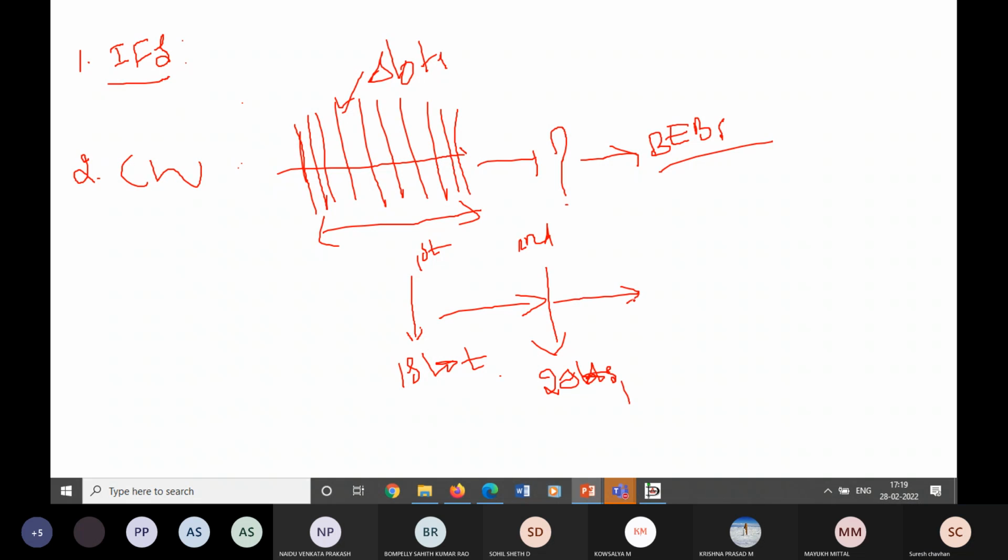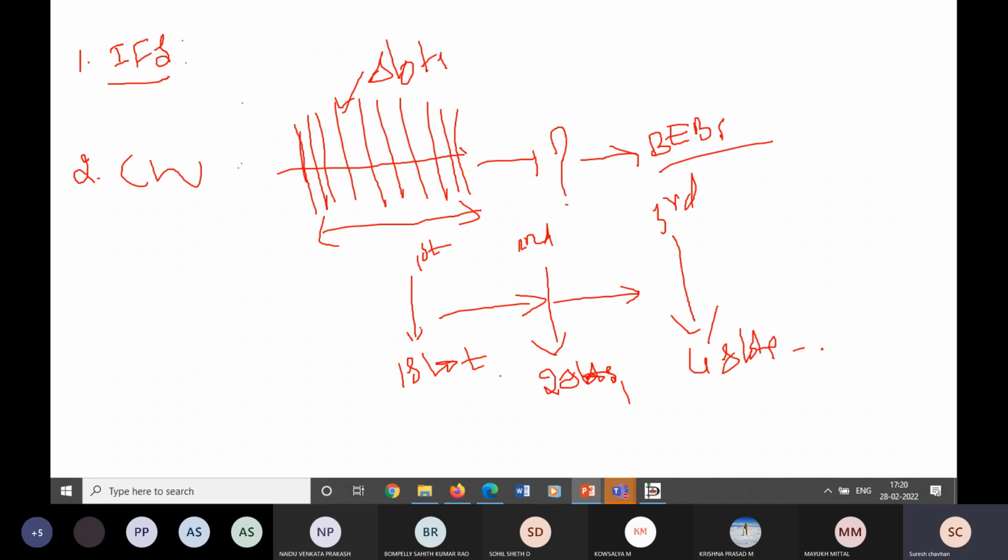In the third time, suppose the station finds the channel busy again. It will double again, so now it is four slots.